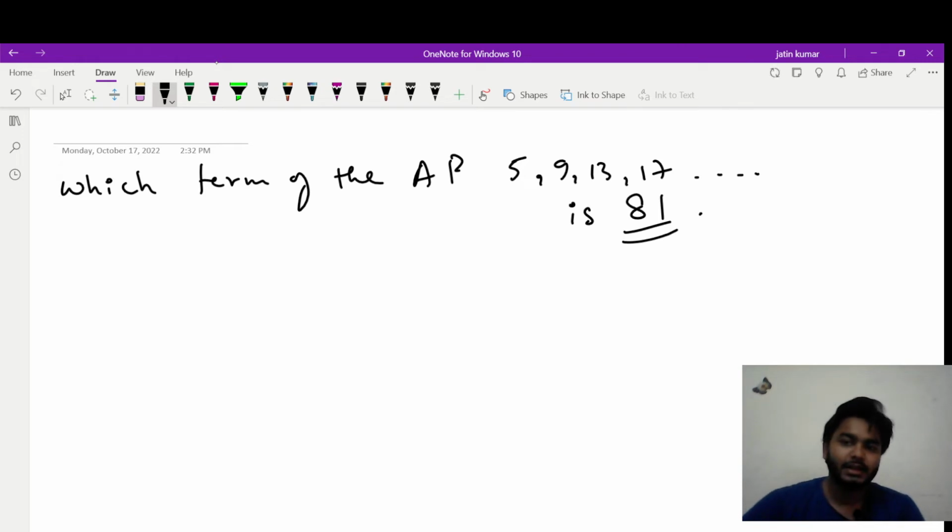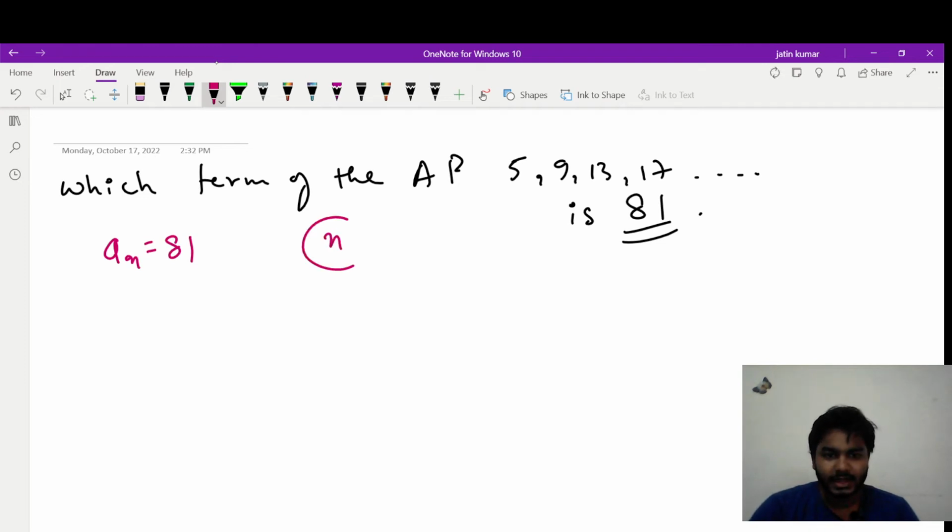Now you have to find on which term 81 will come. 81 is in the AP, but you have to tell which term will be 81. So again you need to put the value of an as 81, and you need to find n. n means on which term 81 will occur. In this question, first you will write the value of a is 5 and d is 4.